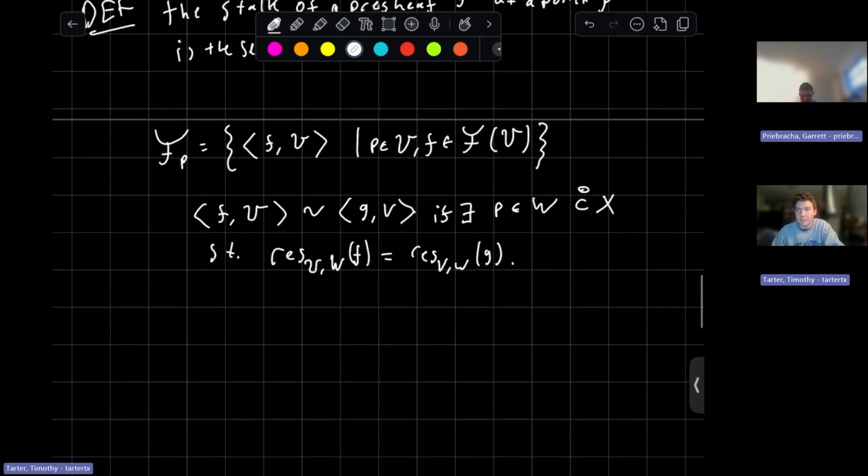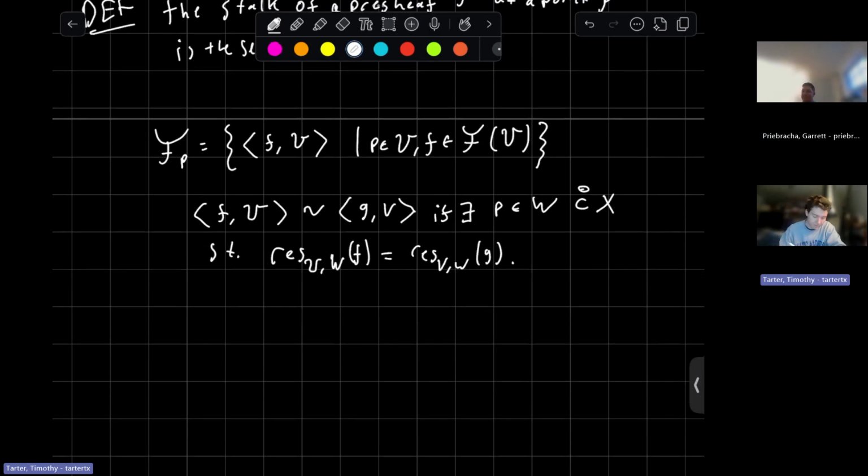I mean, the gluing idea was pretty obviously there before, but it's slightly different.